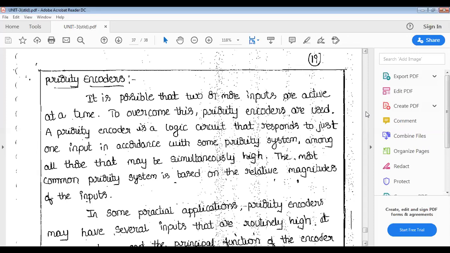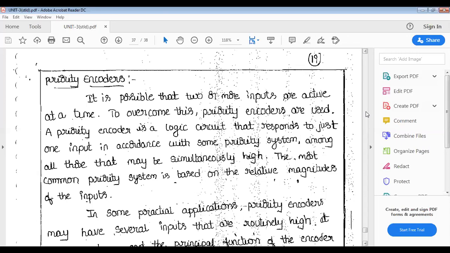A priority encoder is a logic circuit that responds to just one input in accordance with some priority system among all those that may be simultaneously high. The most common priority system is based on the relative magnitudes of the inputs.